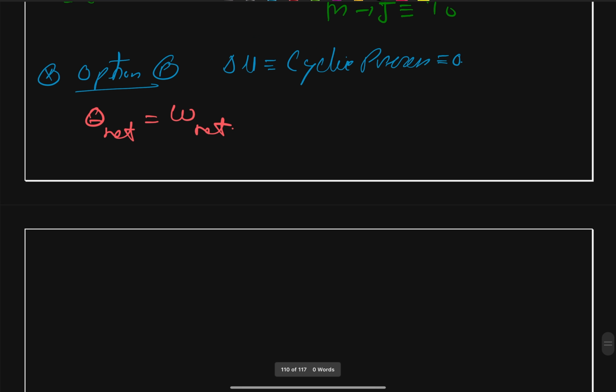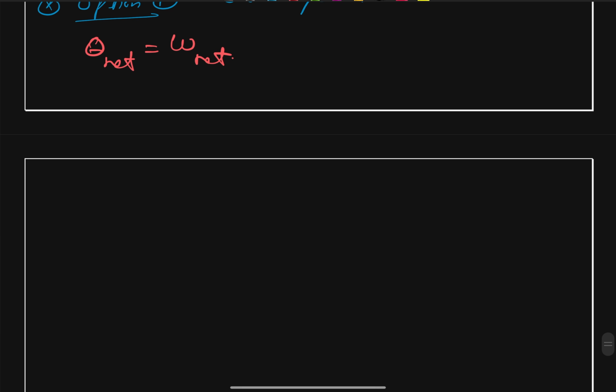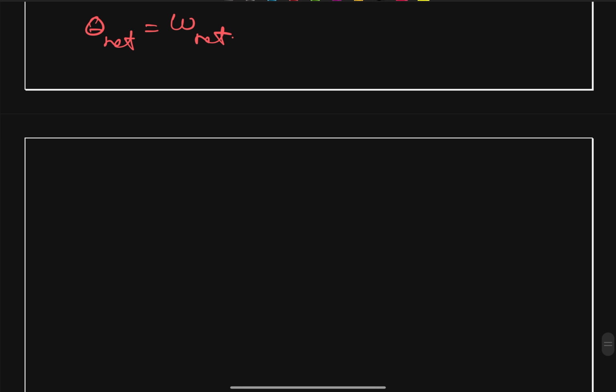Let's find out work done for JK, W JK. This is P delta V, so this is P naught times Vk minus Vj, which is P naught times 3 Vj minus Vj.